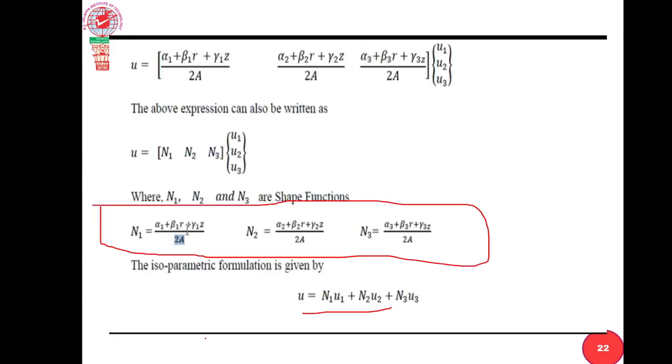Next, write the global displacement with respect to the radial direction: u is equal to N1 u1 plus N2 u2 plus N3 u3.